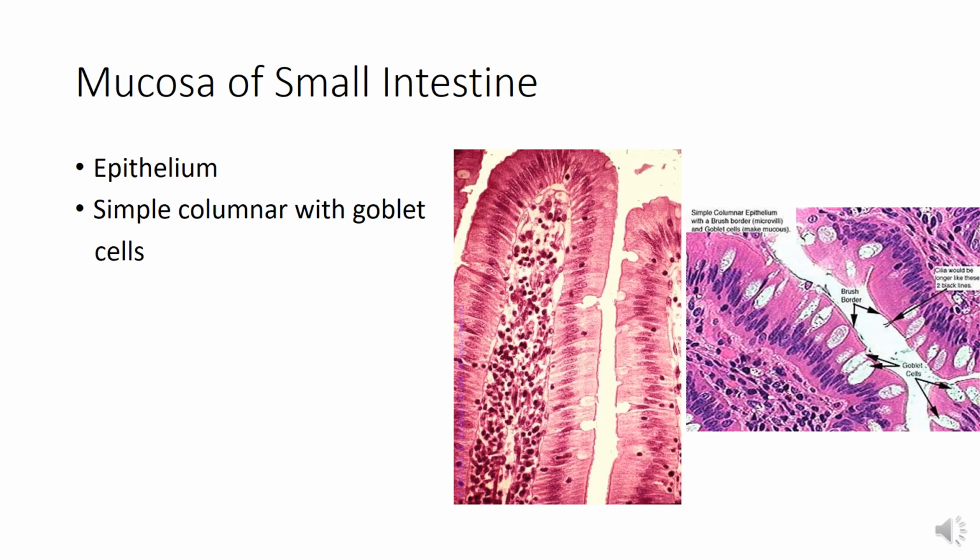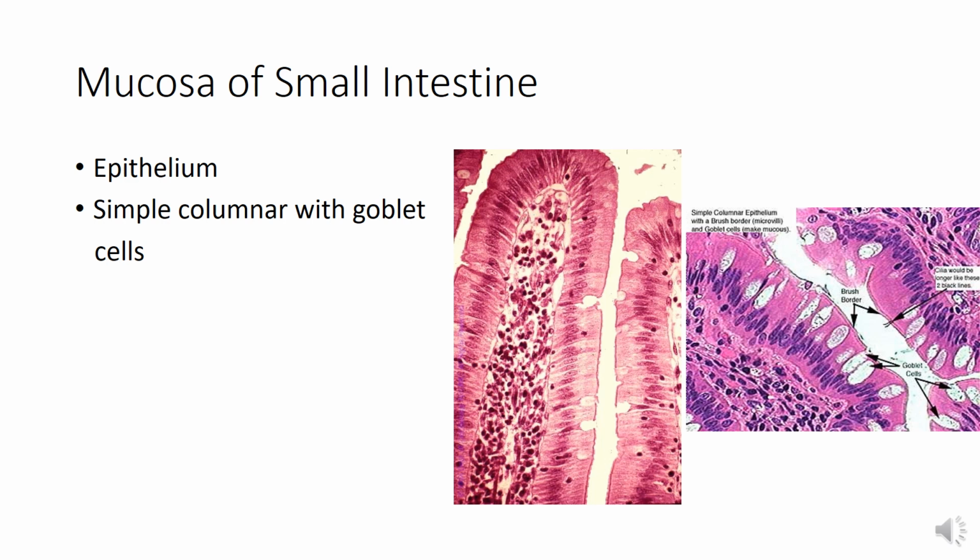So first of all, the mucosa of the small intestine. The mucosa of the small intestine has macroscopic and microscopic devices for increasing the surface area available for digestion and absorption. Now before going towards these absorptive devices, we will see the layers of the mucosa of the intestine.